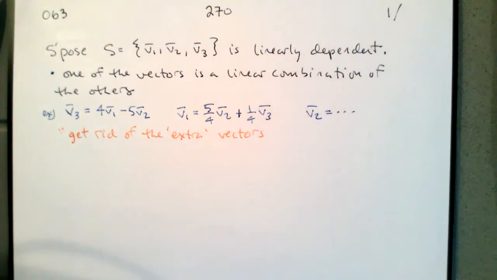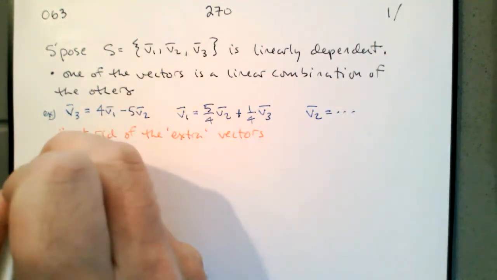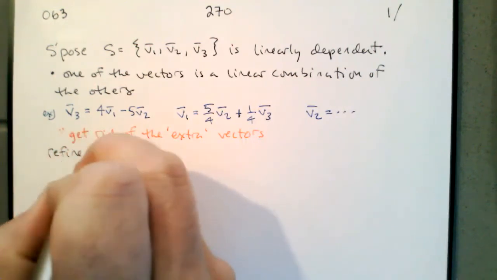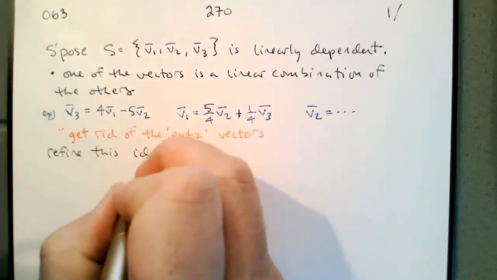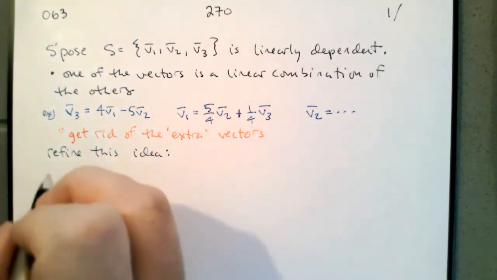Now, this is not a very precise description of what's going on. It's a good way for us to think about things, but it lacks precision. So that's when we came across the next thing, which was the definition of linear dependence. So we refined this idea to the homogeneous equation.